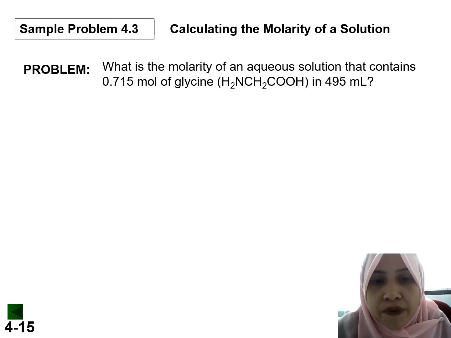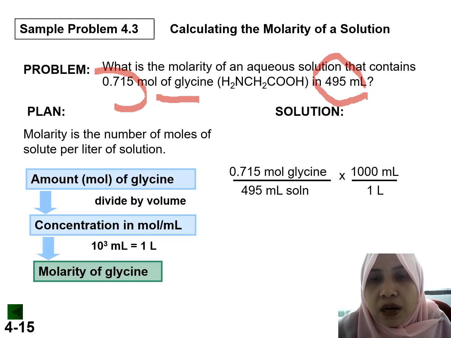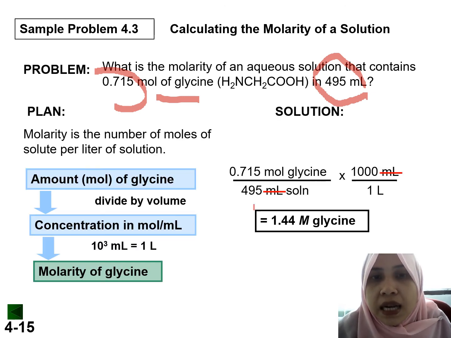We need to find the molarity of a solution that contains 0.715 mole of glycine in 4.9 ml. So very straightforward question. You have mole, so you also have volume, so you can divide mole by the volume, then you will get the molarity for glycine, which is 1.44.